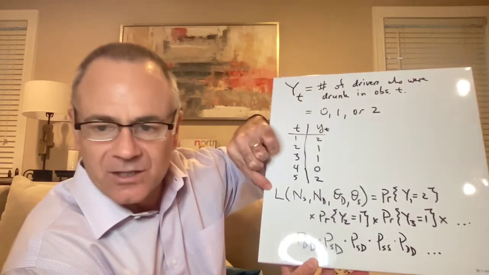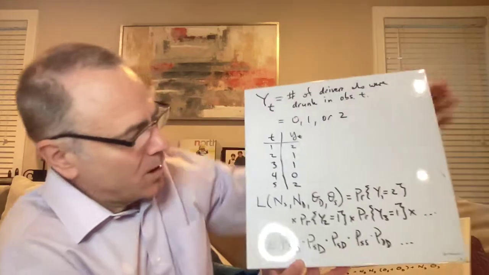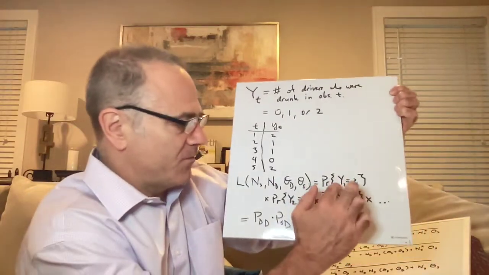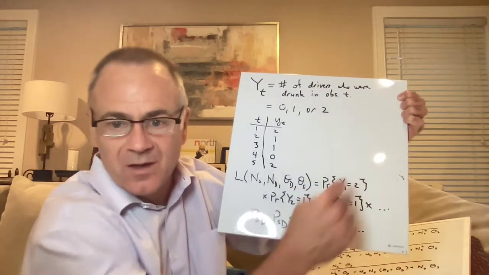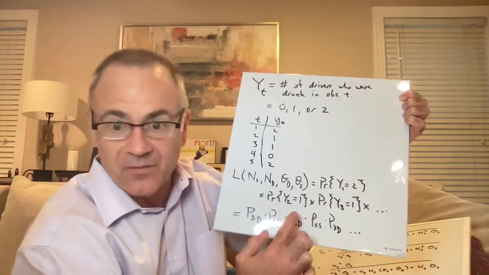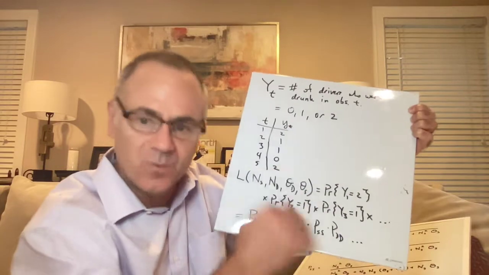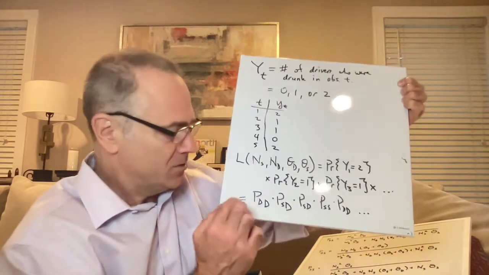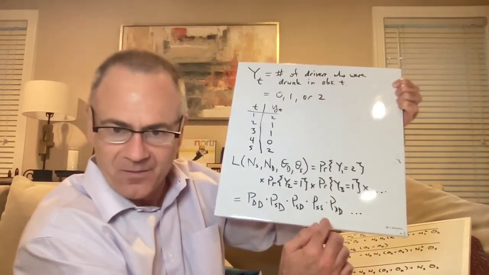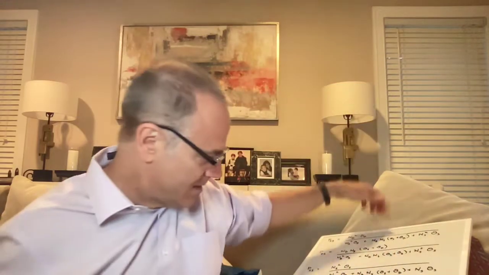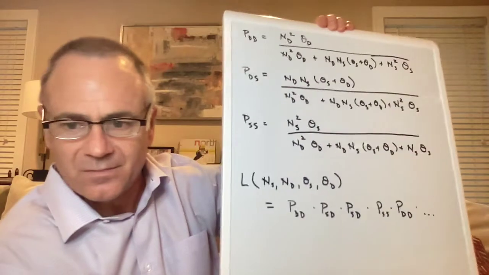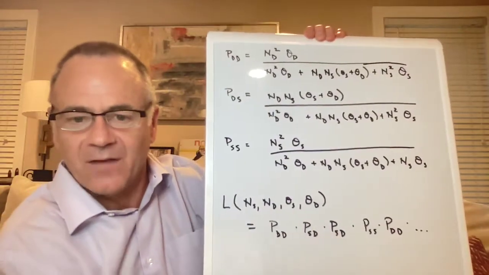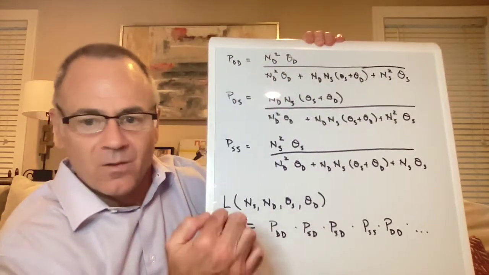The likelihood function is going to be the probability that the dependent variable from the first observation equals 2, times the probability that the dependent variable from the second observation equals 1, and so on. So it's going to equal this term here. All I've done is rewrite it on this board. This is only the first five observations, but we have it.